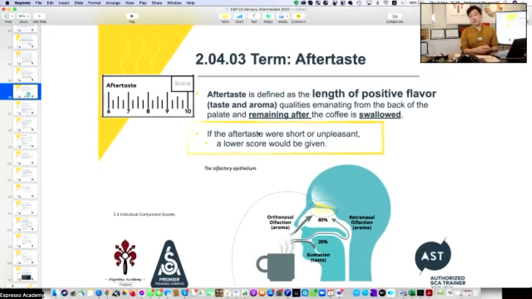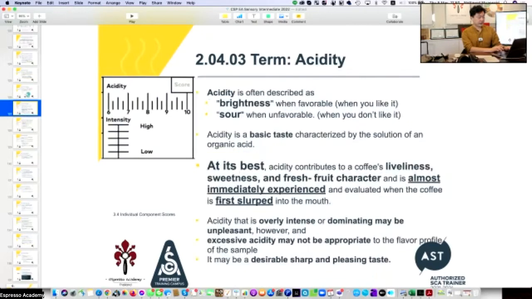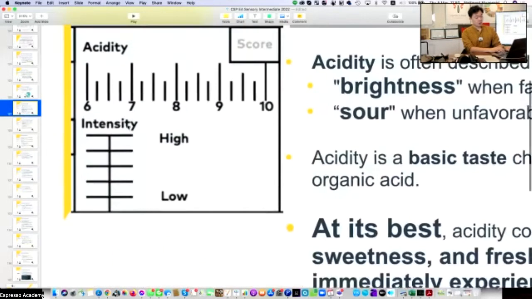And then the aftertaste. Check out the video on the aftertaste. Acidity also. As you can see, you will score the intensity of it as well. There's also high and low intensity, okay? You do not score just the score.